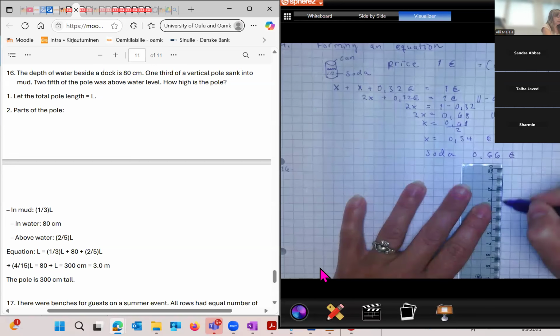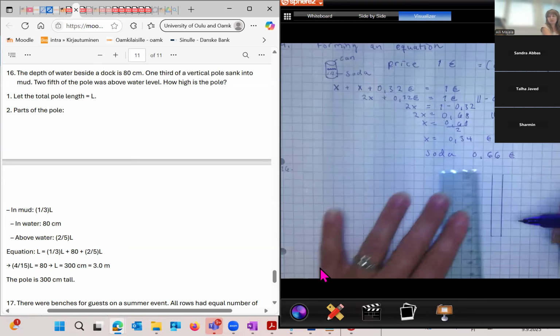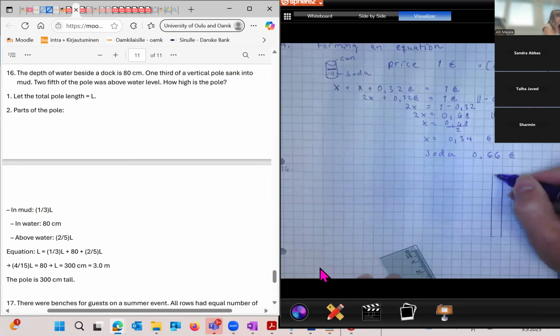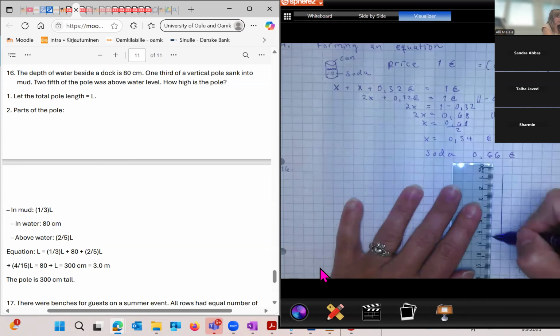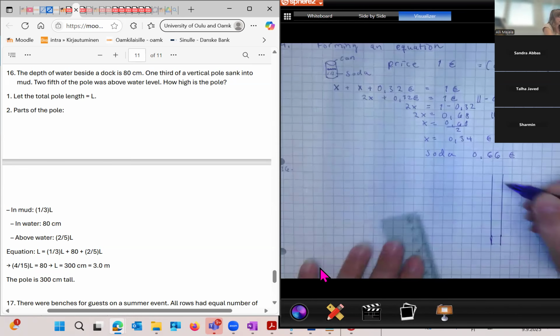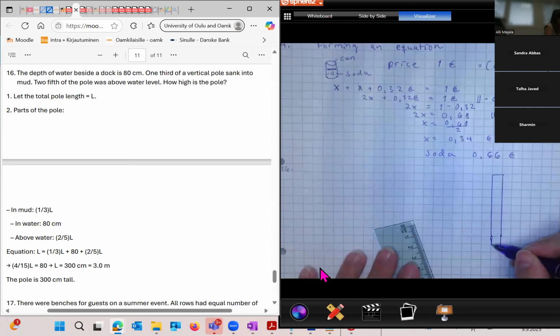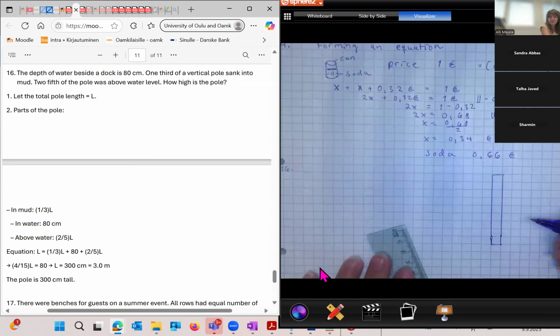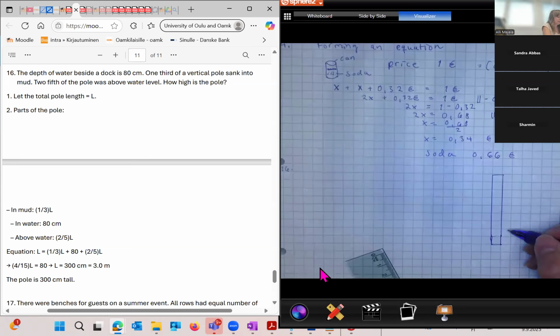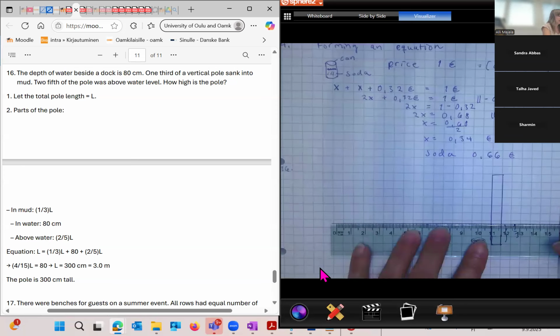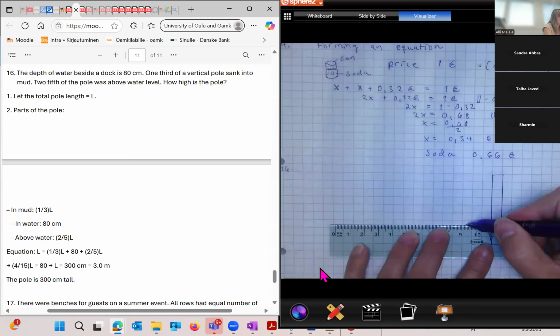Well, this can be a pole. Just drawing something. Some of it was in the mud, 1/3. So here's the level of the ground.